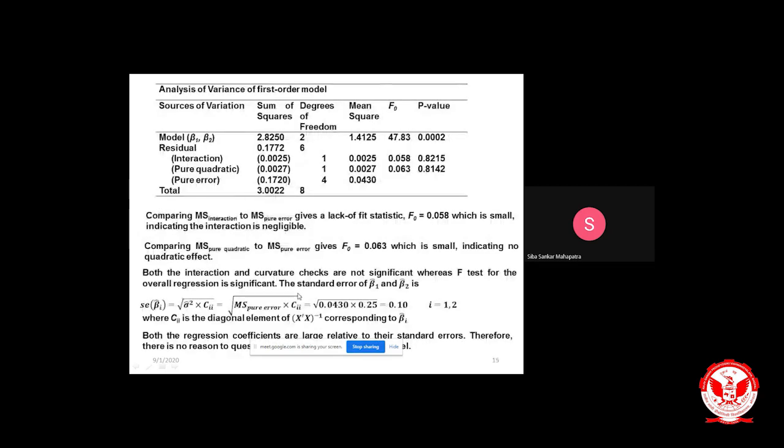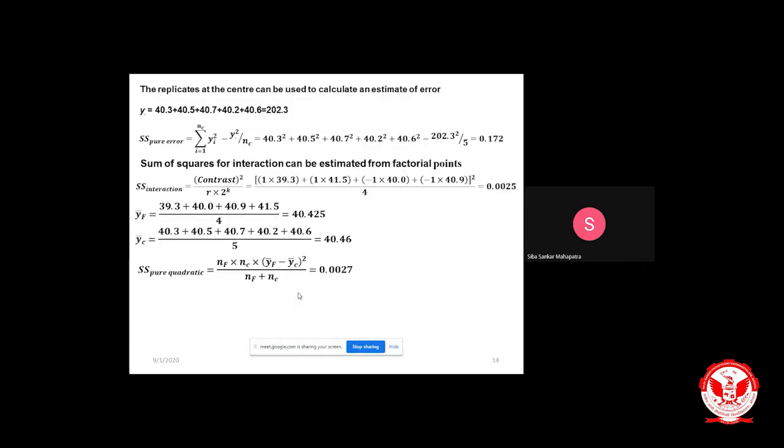Now after that, you do some analysis of variance of the first order model. In the analysis of variance, basically all the experimental variations that we find, we assign to different factors or the interactions or the model. Some variation can be represented by the sum of squares.